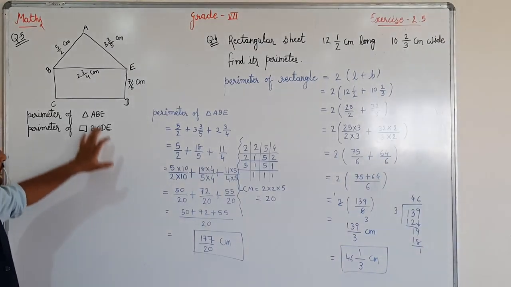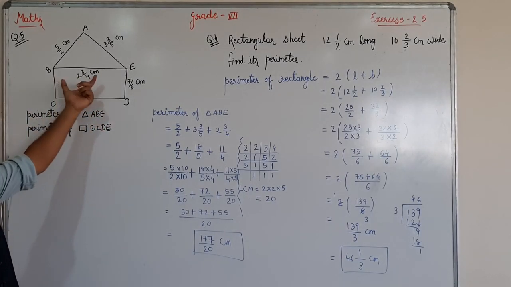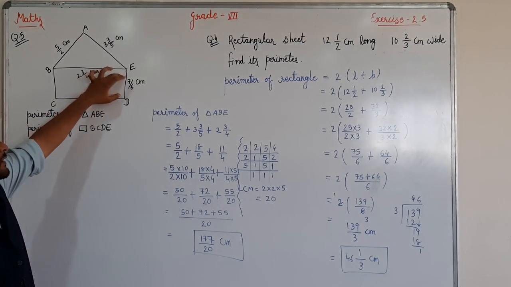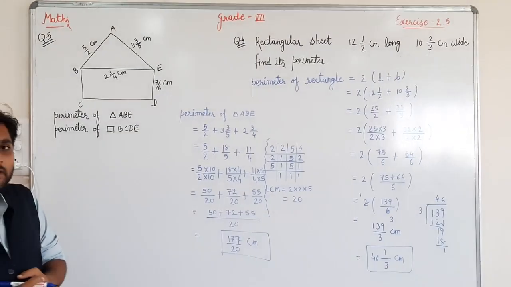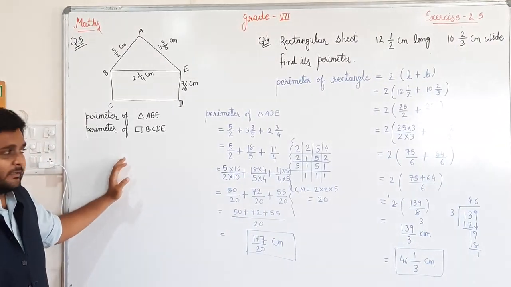Now let me find the perimeter of this rectangle. In this rectangle our length is 2 integer 3 upon 4 and our width is 7 upon 6.